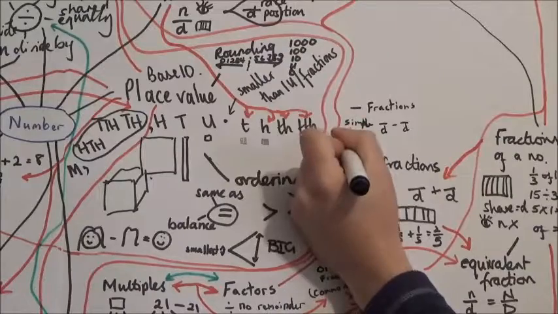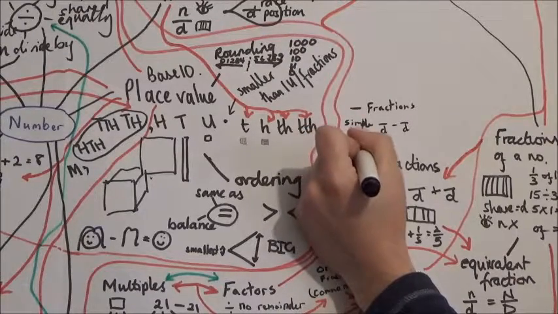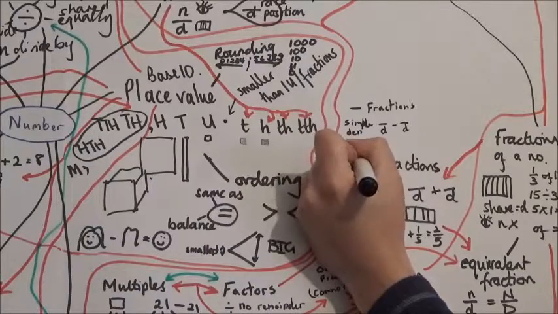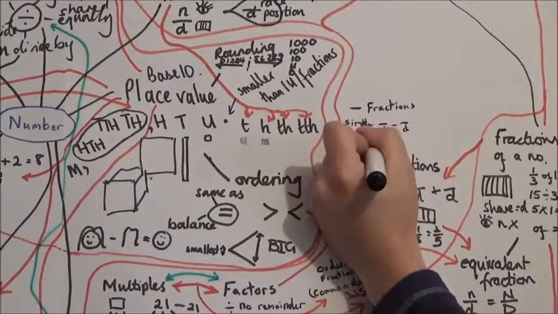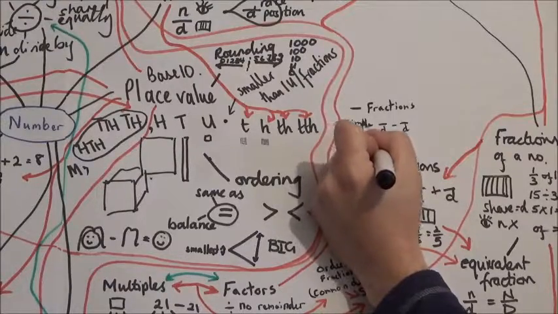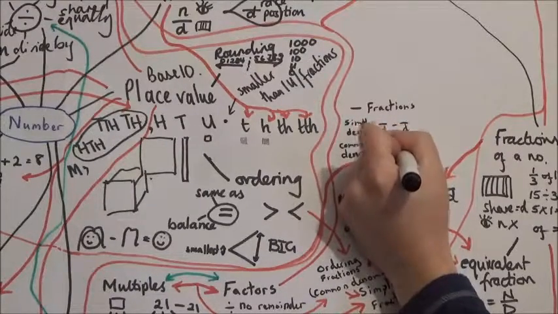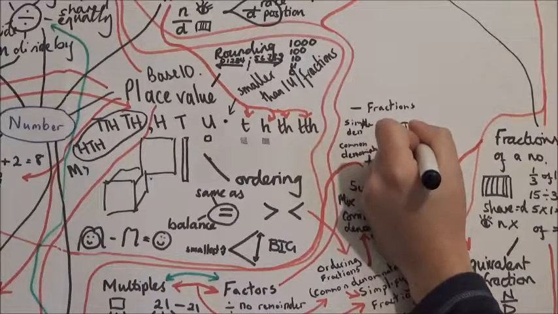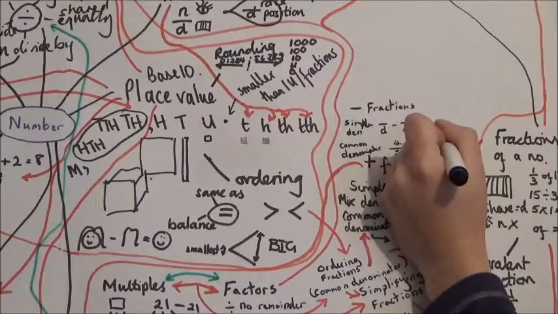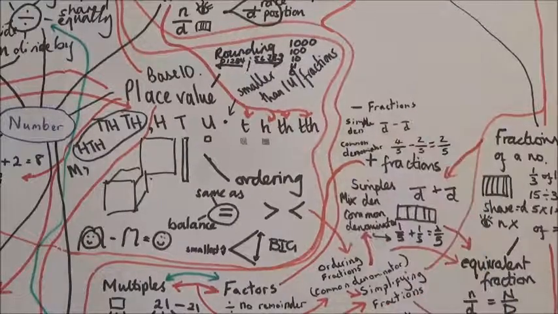And then if we need to find a common denominator, if we have a mixed one. So for example, 4/5 take away 2/5 equals 2/5.